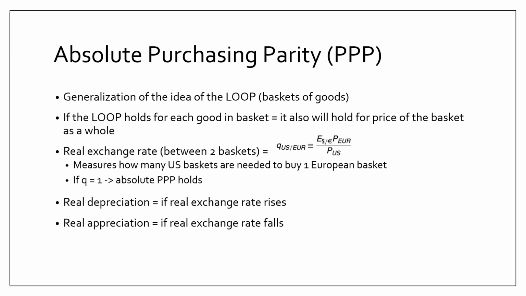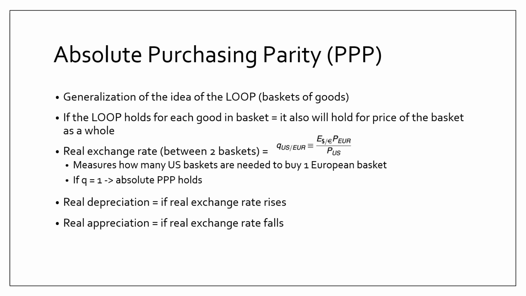If the real exchange rate rises, more domestic baskets needed to buy one foreign basket, we say the home economy has experienced a real depreciation. The other way around, if the real exchange rate falls, less domestic baskets needed to buy one foreign basket, we say the home economy has experienced a real appreciation.